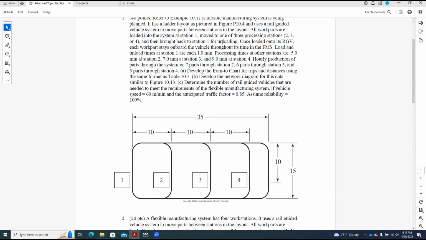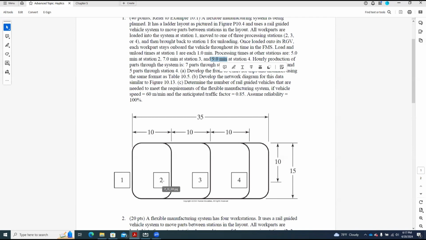In this one, load and unload times at station 1 are each 1 minute. So both TL and TU are 1 minute. Processing times at other stations: for each part, it takes 5 minutes at station 2, 7 minutes at station 3, and 9 minutes at station 4. From station 1, we send the parts to 2, 3, and 4, and at each we do a certain process.